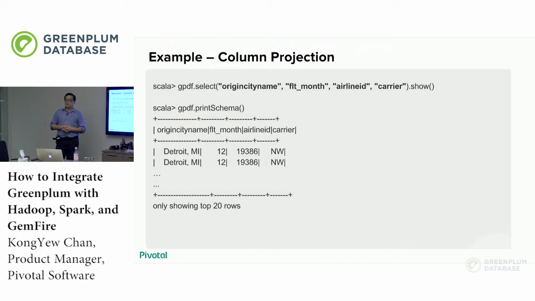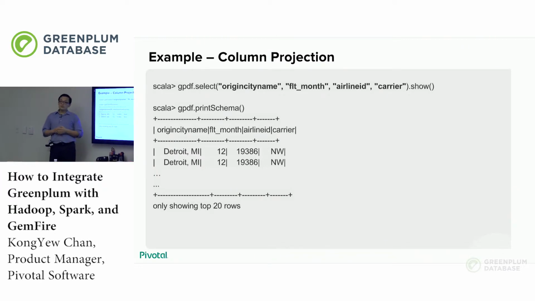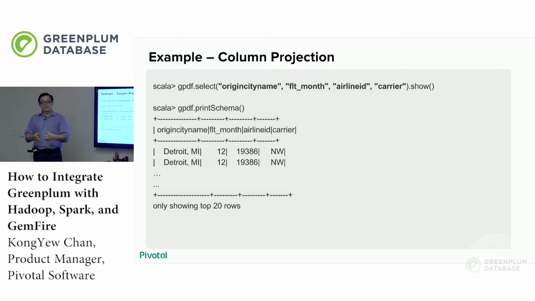The next feature that most people are looking for is how can I optimize the data transfer from Greenplum to Spark. And previously, the example that I showed you loads the entire table. So the follow-up feature is to add this feature called projection, which means that you want to select a subset of columns from Greenplum. And this subset of data should be filtered from Greenplum processing system such that we only select this set of columns.